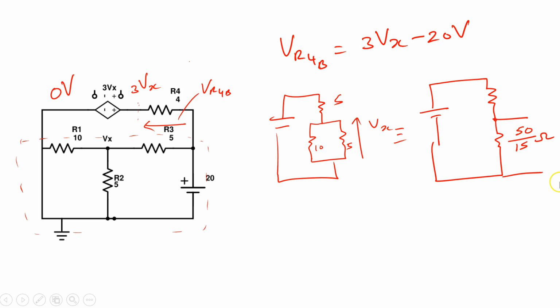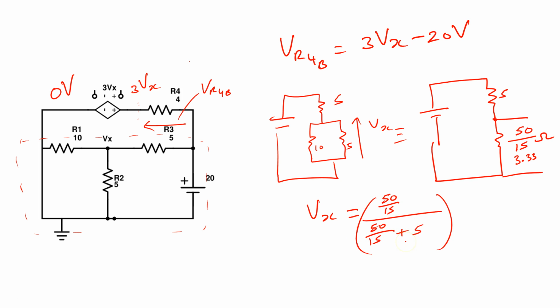So now Vx is equal to, using the voltage divider, 50 over 15 plus 5 multiplied by the voltage, which is 20 volts, and that should give us 0.4 by 20, which is 8 volts.